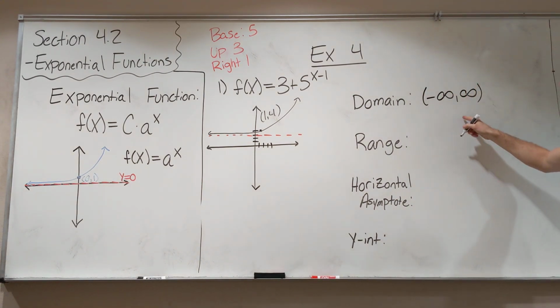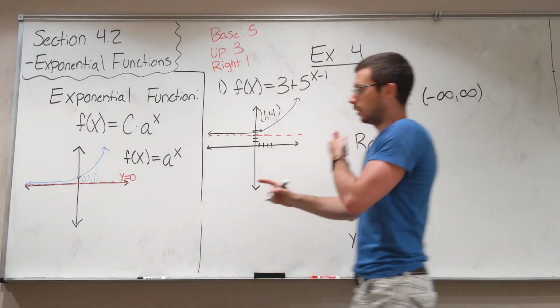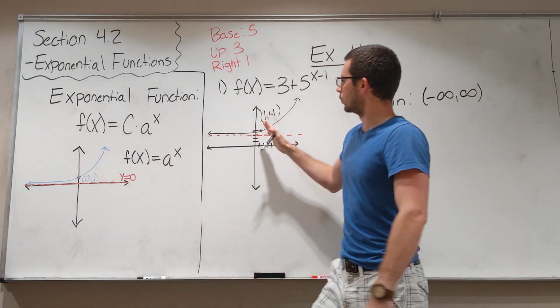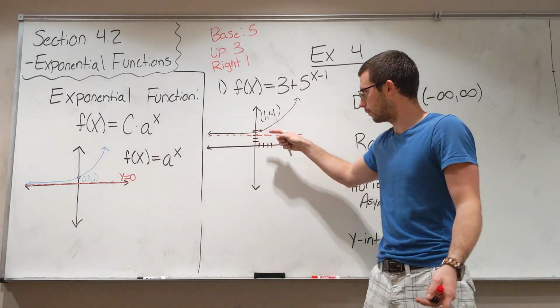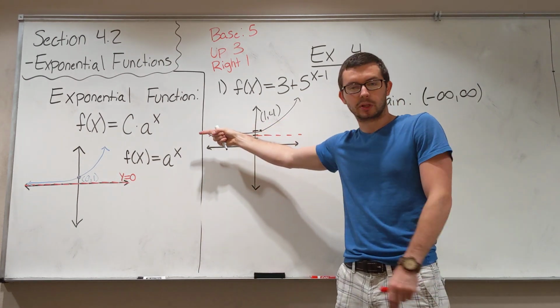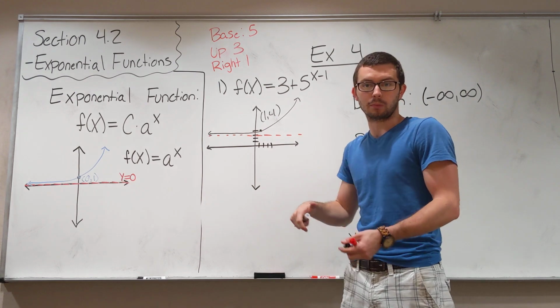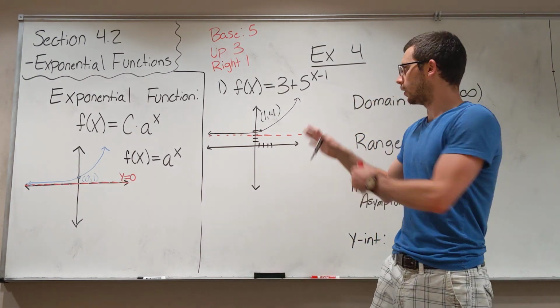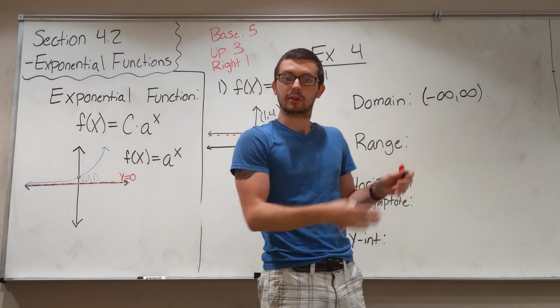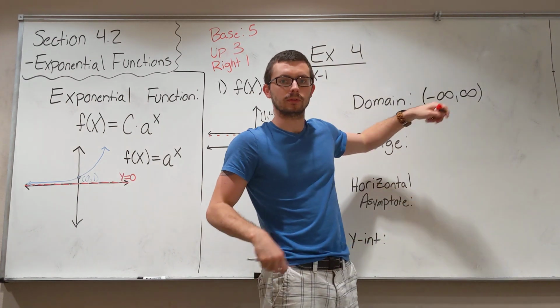That's for every single exponential function. To verify that with the graph, to the left, we go on forever. To the right, we also go on without any restriction. So the graph verifies that the domain is all reals.